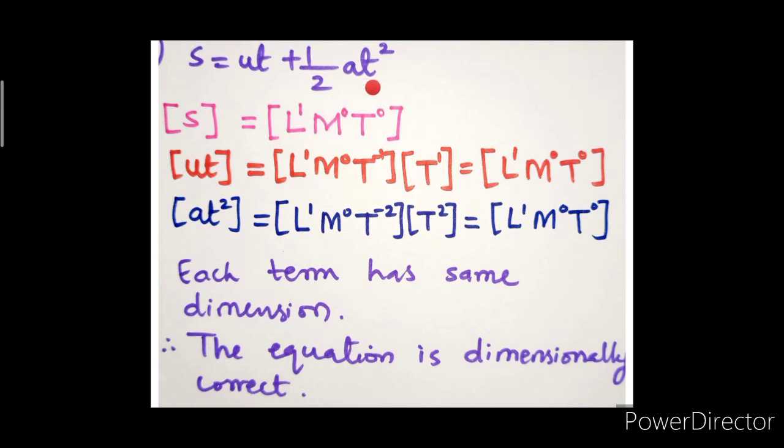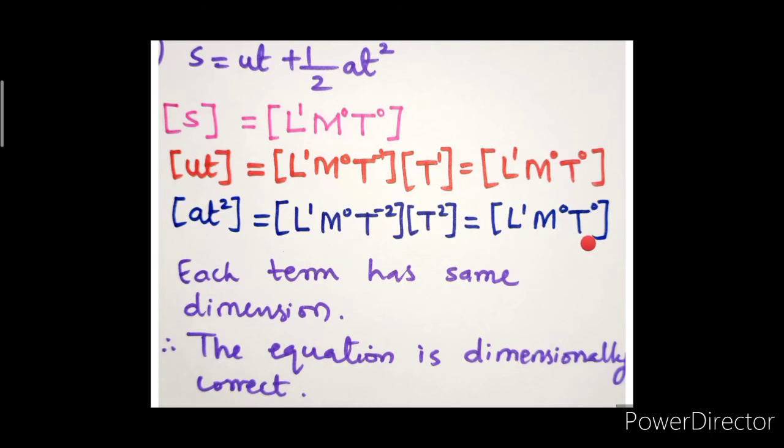Then for half at square, the number half is not accountable here. We have to see the dimension of at square. So a is the acceleration whose dimension is L1 M0 T minus 2 and t square has the dimension T2. When we solve it, we get the dimension L1 M0 T0.